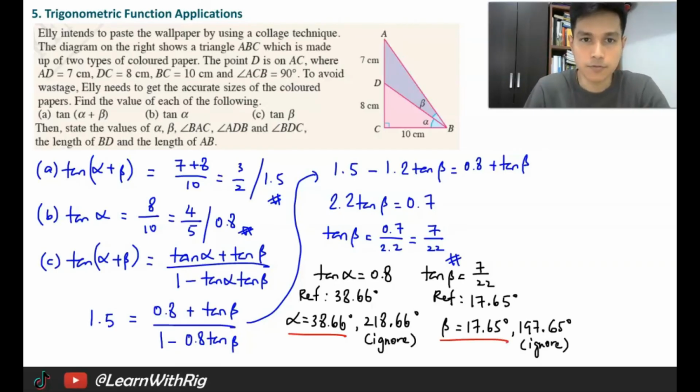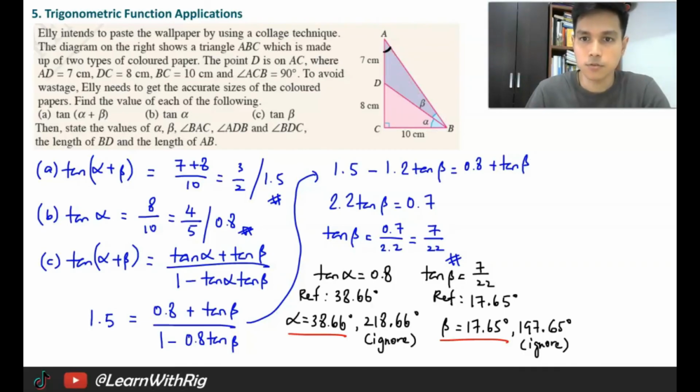Next, they want to find BAC. Where is BAC? BAC is here, this angle. So how to find it? You can use the triangle. So 180 minus 90 minus alpha plus beta.